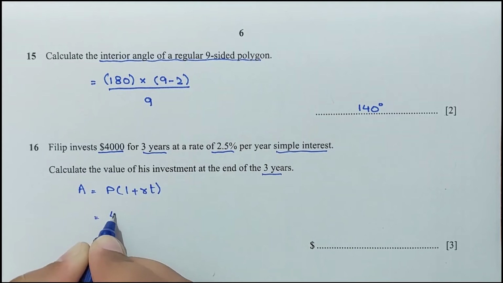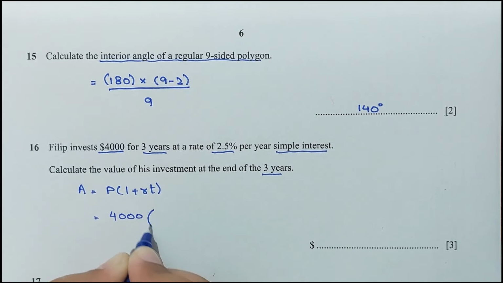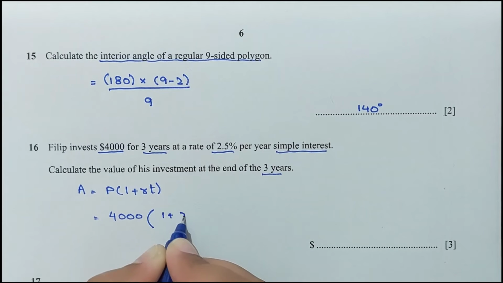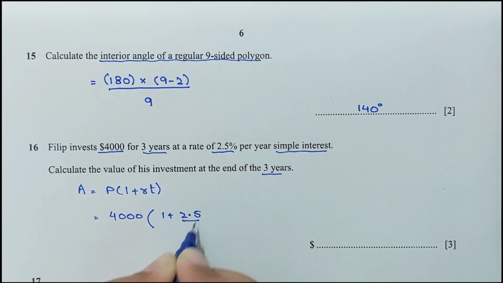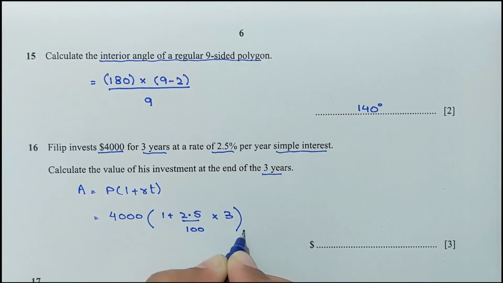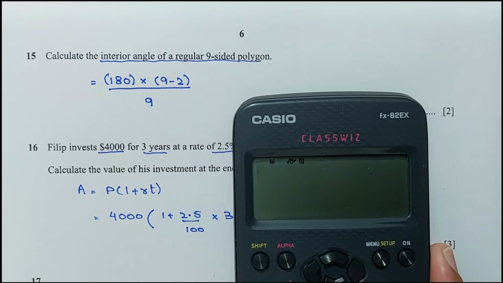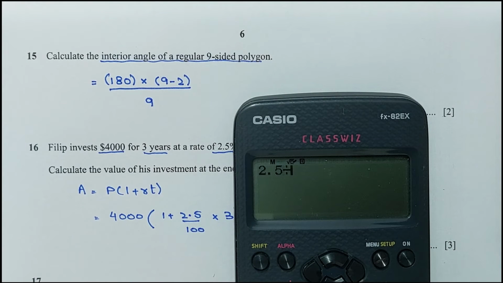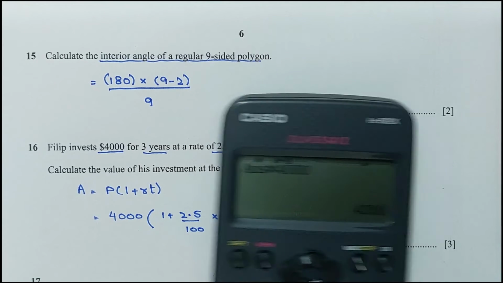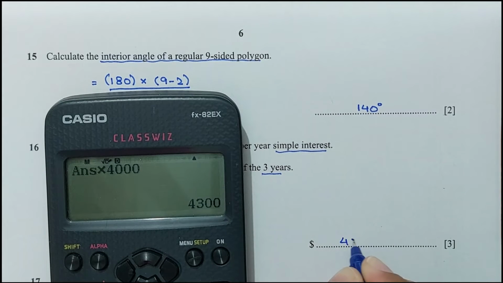The investment is 4,000 times (1 plus the interest rate 2.5%), and then the number of years is 3. So 2.5 divided by 100 times 3, add 1 and times 4,000. That is $4,300 after 3 years.